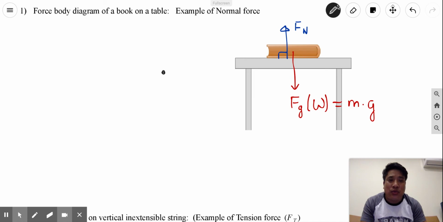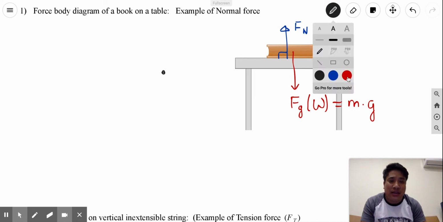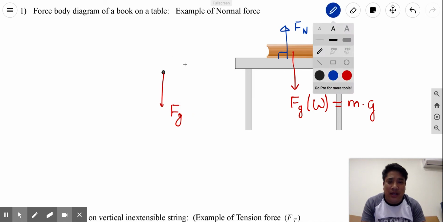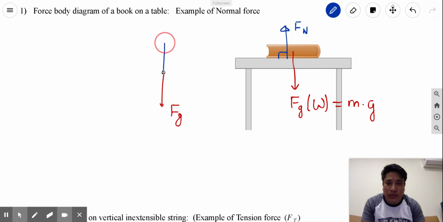The two types of forces acting on this textbook are the force of gravity, acting downward, which you can write as Fg, and the normal force, acting upward. So this is how we can draw the force body diagram of this textbook.